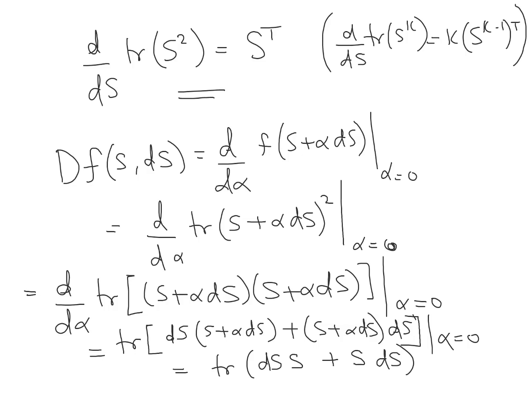That's what we have. And if we are going to write this trace, if you change the positioning of the S, you will get S transpose. In another form, you know that this can be written as 2 transpose of S ds.